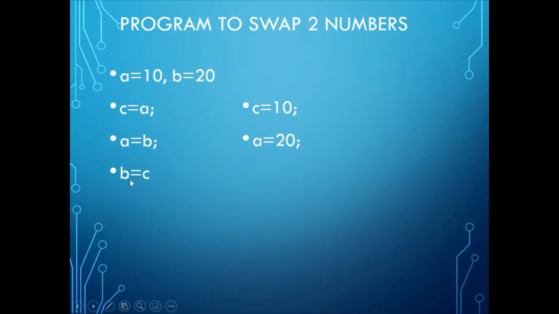And after the execution of B equal to C, C has the first value, that is 10, which will be transferred into B. So this is how we have swapped the values, and after swapping, the value of A will be 20 and B will be 10.